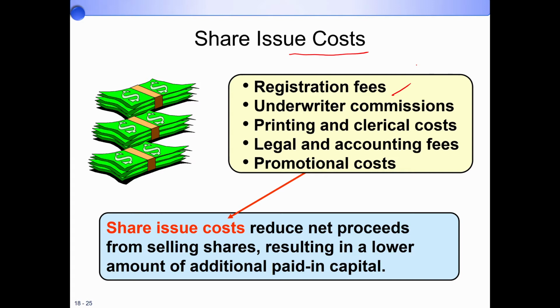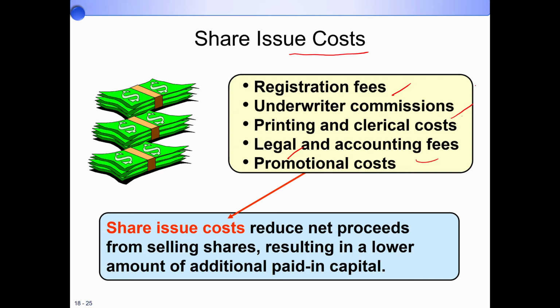And you need to hire lawyers to prepare the documents, and accountants. You need to hire an investment bank to issue stock for us. You have to pay them commissions. Those are called underwriter commissions. So these are all issue costs. So how to deal with those issue costs?